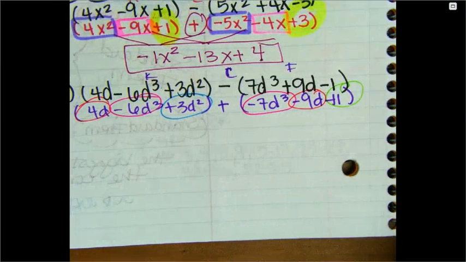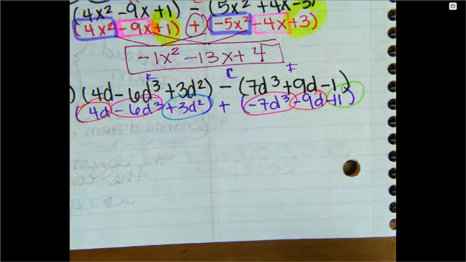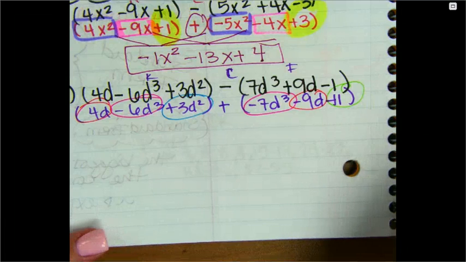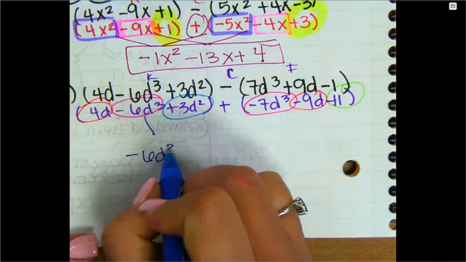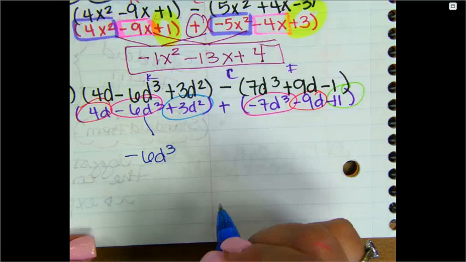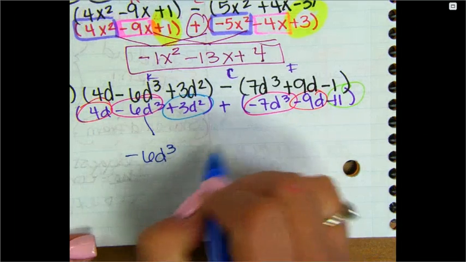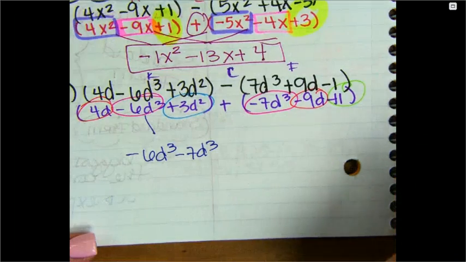Yes? All right, so what goes first? Which one? Negative 6d cubed. Don't be scared. What goes next? Did you combine them? What's negative 6d and negative 7d?